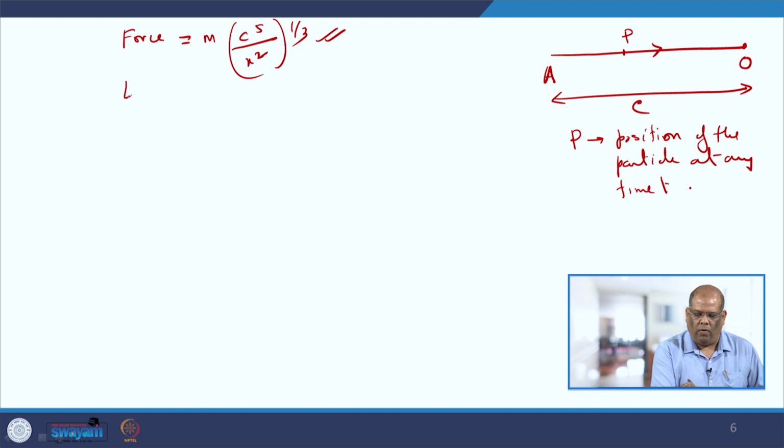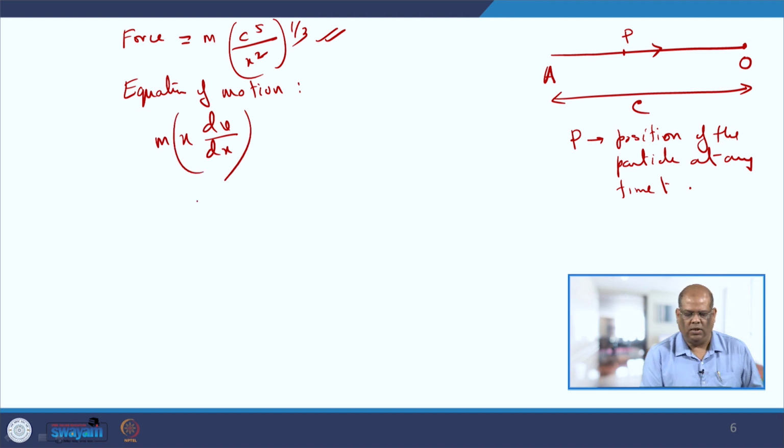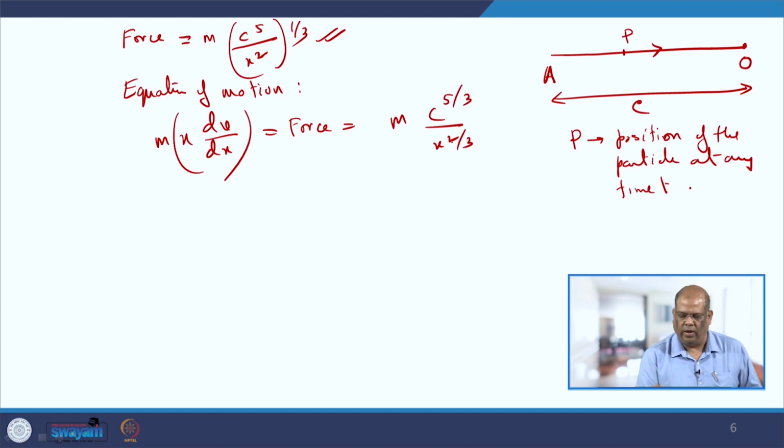Then our equation of motion will be m v dv dx, mass into acceleration, which is equal to force, which is again mass into acceleration. So 1/3 means this is 5 by 3, this is 2 by 3.